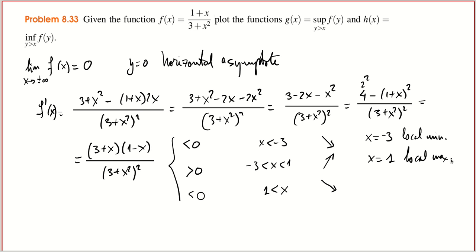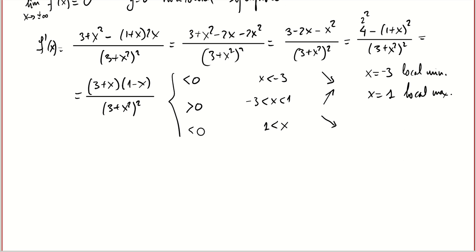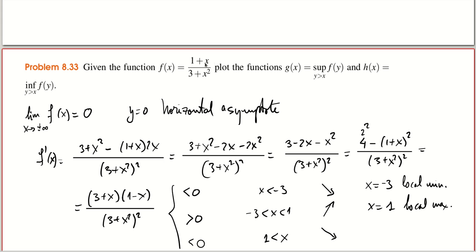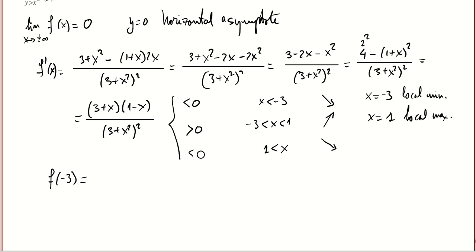Okay, right. If we calculate the values of f at those points, at minus 3 and at 1: at minus 3, the value is 1 minus 3, which is minus 2. Then down here we have 9, 9 plus 3 is 12. Minus 2 over 12 is minus 1/6.